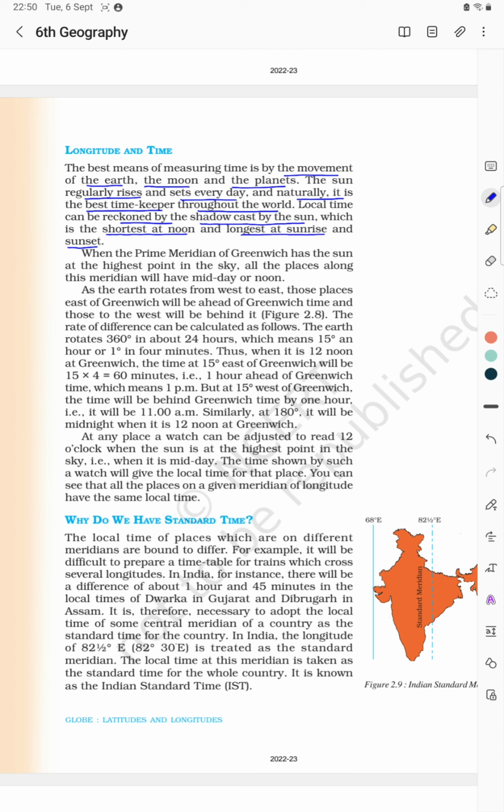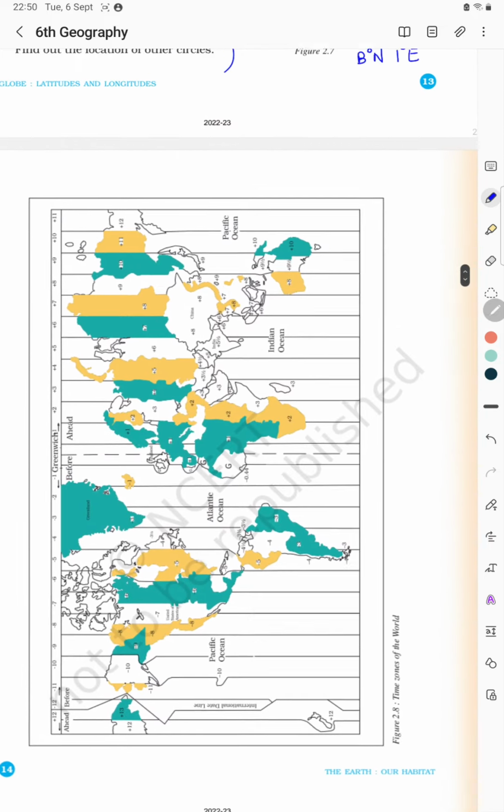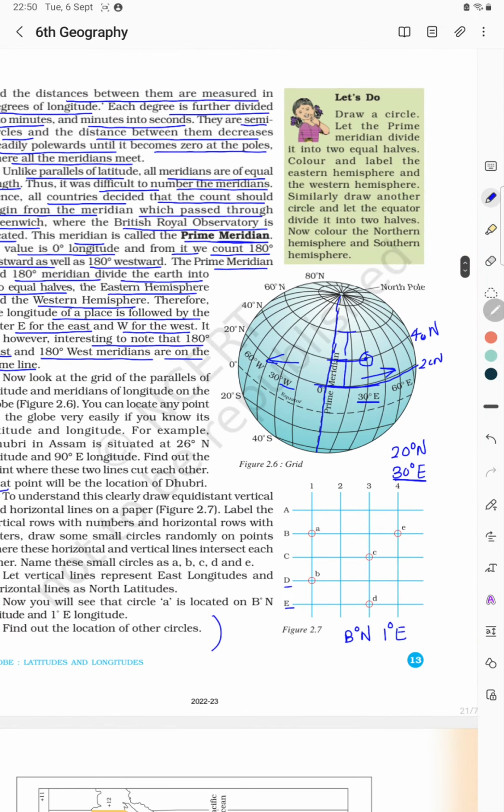Let us see how. When the prime meridian of Greenwich has the sun at the highest point in the sky, all places along this meridian will have midday noon. This is my prime meridian. So when the sun is at the highest point on this longitude, all the places along this longitude will have the same time.